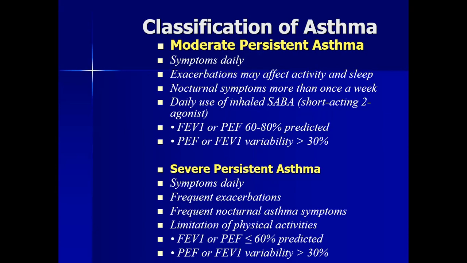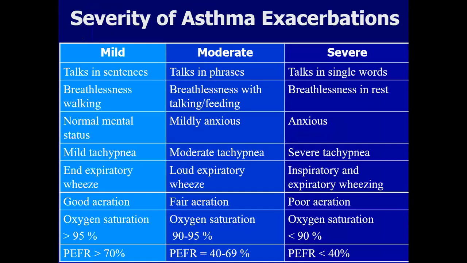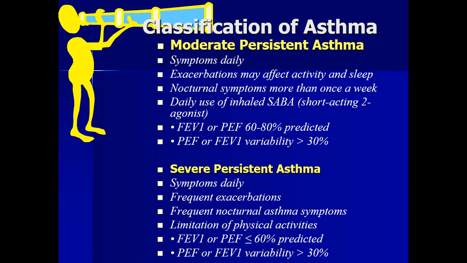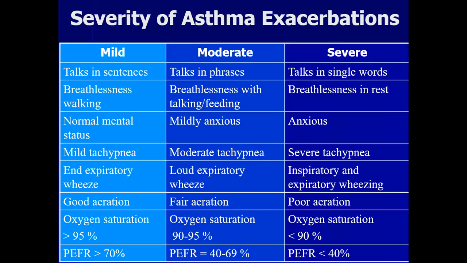percent peak flow meter will be more than 60%. So that is the classification. We have severity of asthma exacerbations: mild, moderate, severe.